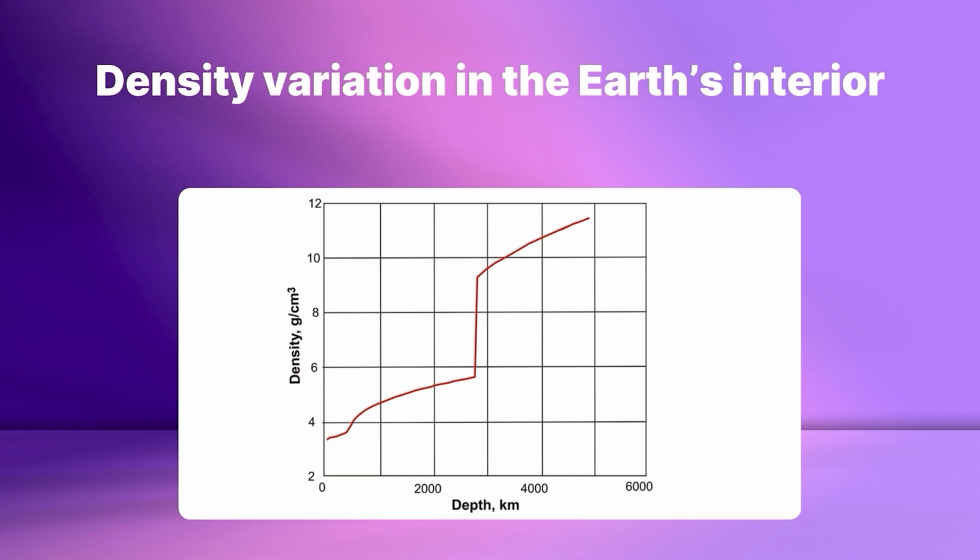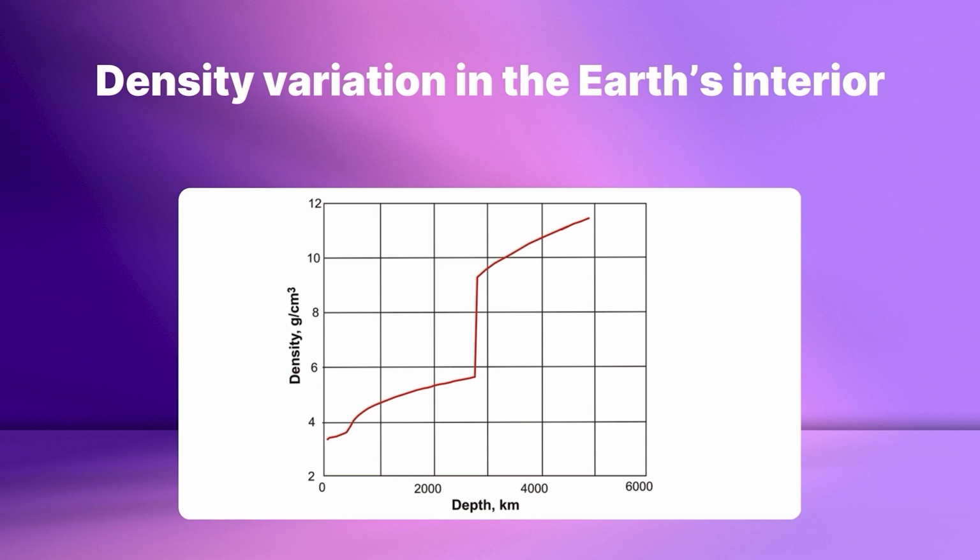Here it rises up to here, then again the density rises exponentially and attains its maximum at a depth of, for example, 2888 kilometers, and after that it further rises.